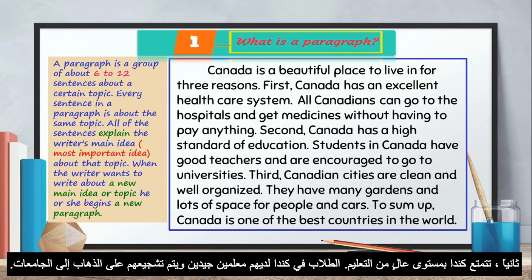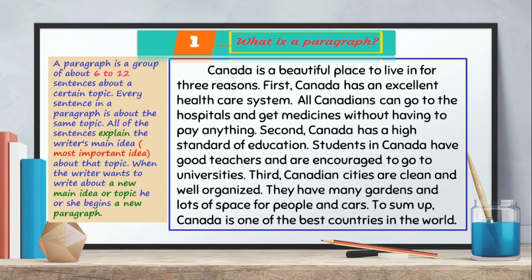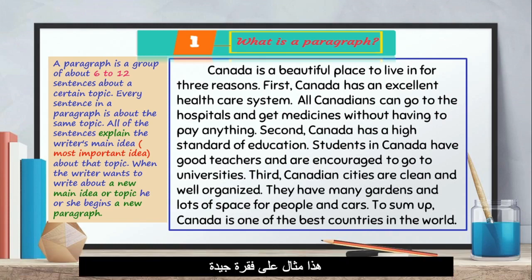Students in Canada have good teachers and are encouraged to go to universities. Third, Canadian cities are clean and well organized. They have many gardens and lots of space for people and cars. To sum up, Canada is one of the best countries in the world. This is an example of a paragraph.